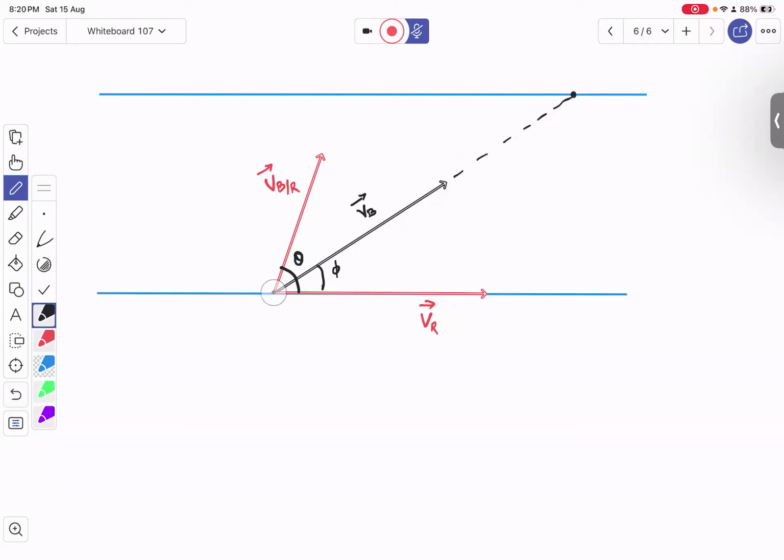So the boat starts from point O and reaches the point A. The actual path taken by the boat is the length of the line OA, correct? This is the actual path of the boat as seen from the ground frame.